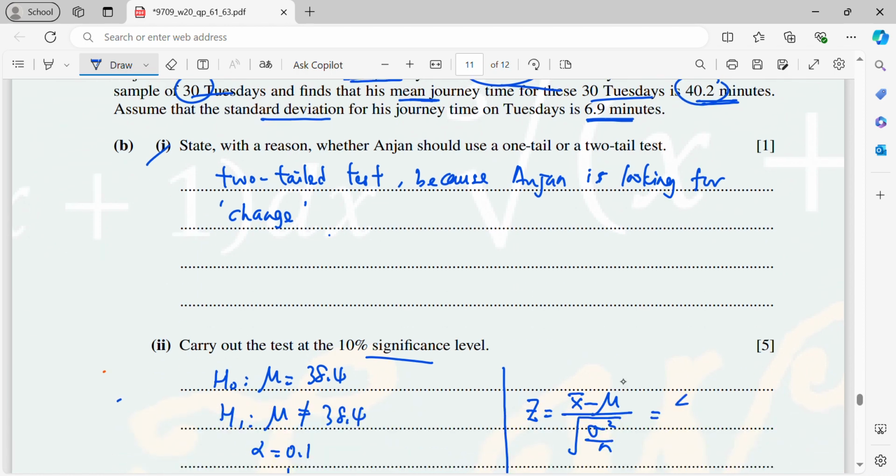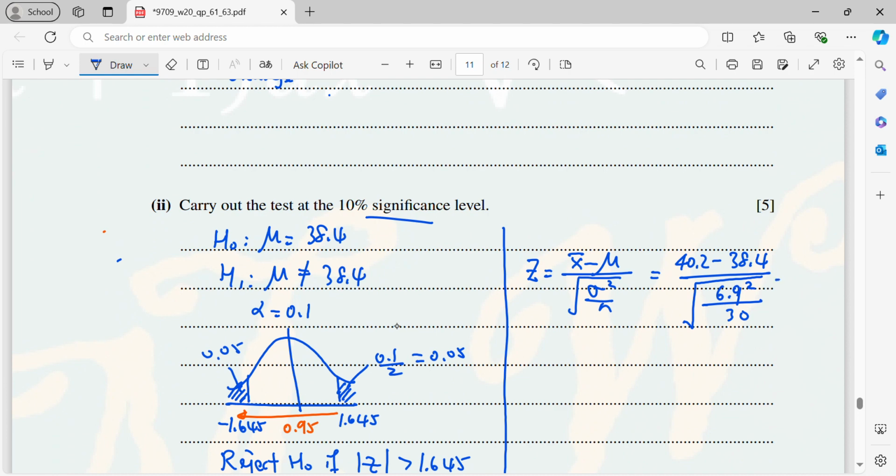So I will write here 40.2 minus mu, the mu at the H naught, that is 38.4, over square root of the variance, 6.9 squared, and again 30 Tuesdays, so over 30. Then here you will be getting the answer of 1.429. So basically you can round it up, it will be 1.43, to 3 significant figures.